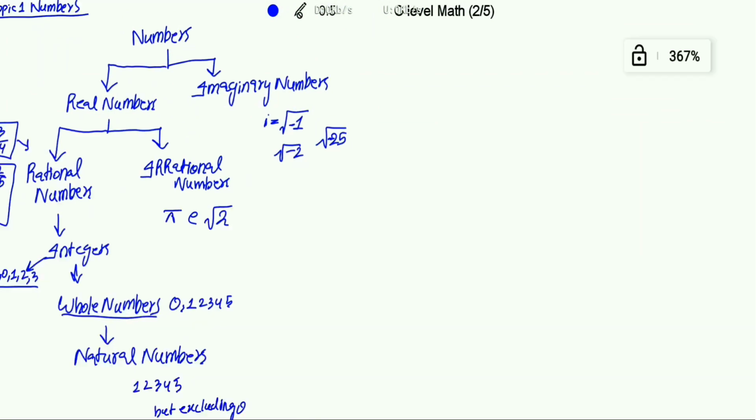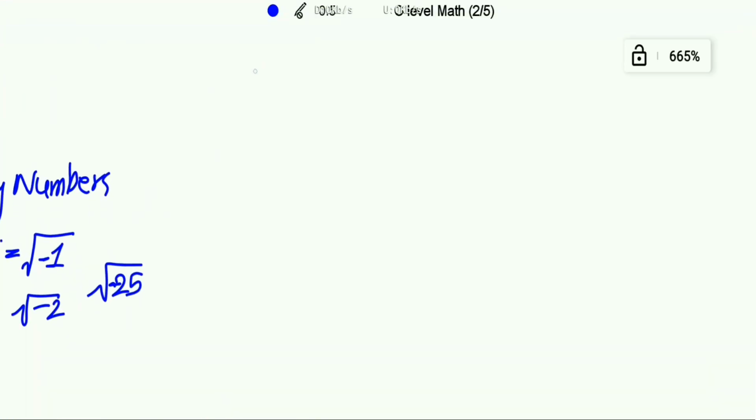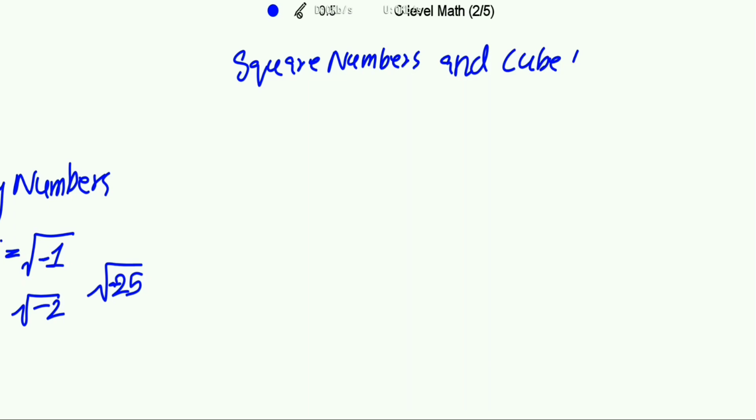Now we're going to move on to square numbers and cube numbers. Square numbers: let's say I have the number 2.